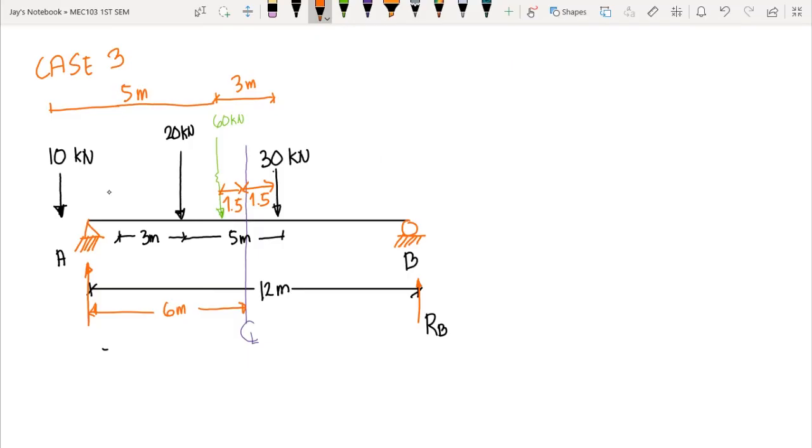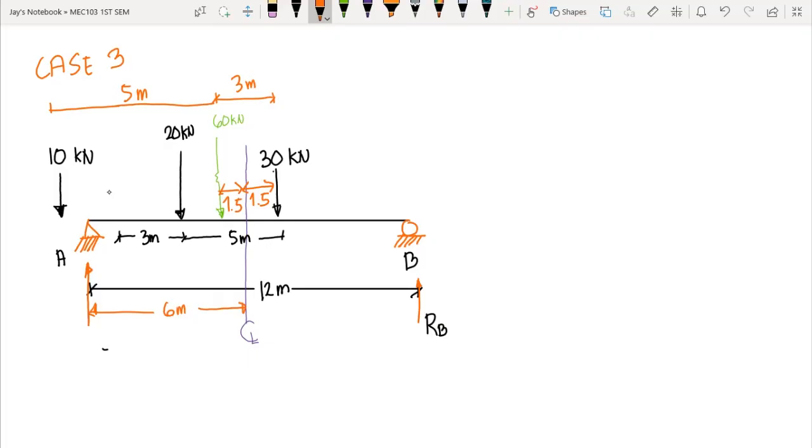So we only have 20 kilonewton and 30 kilonewton on the beam. So there are changes in our computations. Okay, so we have a different value for the resultant, since again we have only two loads remaining, 20 kilonewton and 30 kilonewton.